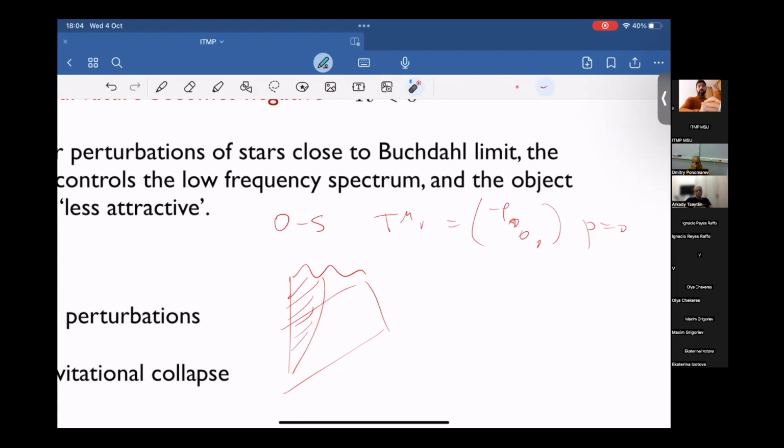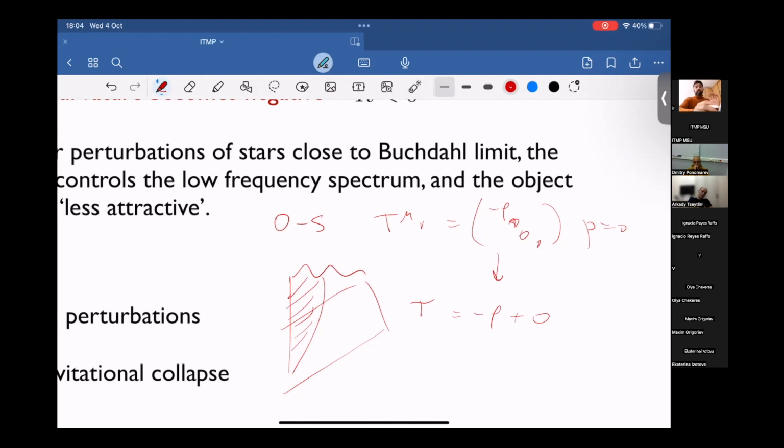For this particular case, what I'm talking about does not apply because the Oppenheimer-Snyder stress tensor violates one of the assumptions that I made. Namely, that if you take this trace, right, you get minus rho plus 0. This thing could not be further away from being conformal, right?